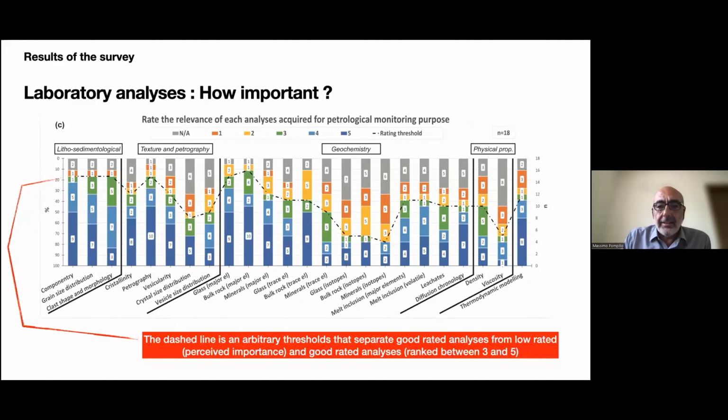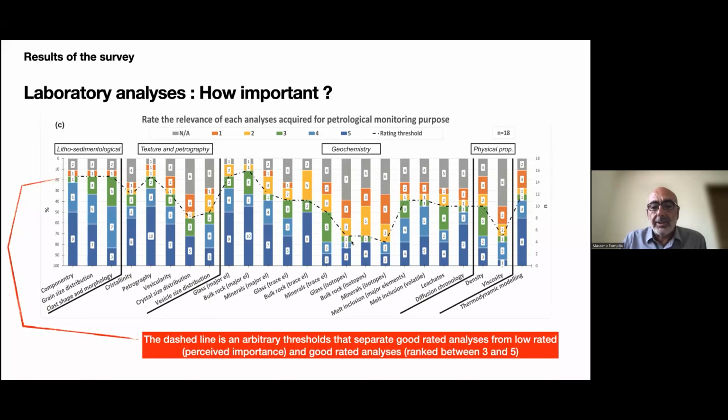How important? So how do people perceive the relevance of each analysis? We tried to evaluate this by doing a sort of classification from 1 to 5, 5 very important, 1 less important. And we see that people perceive that the more important analyses are the componentry, the lithosedimentology, including componentry, grain size distribution, clast shape morphology, crystallinity, petrography, vesicularity, and so on.